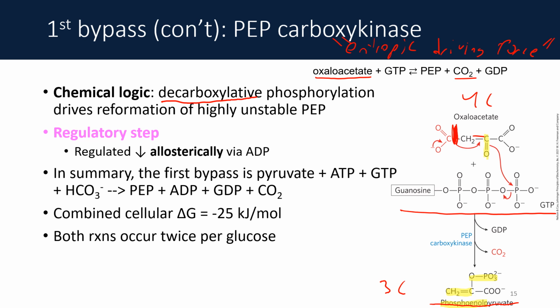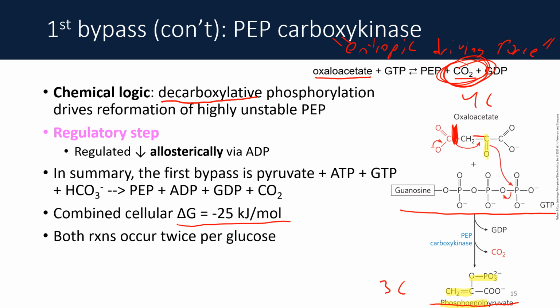What does that mean? When you generate gas, you're going to create a lot of disorder. And creating disorder is very thermodynamically favorable. We took this 2-step detour, this long way back to making our PEP because in doing so, we're able to ensure that the delta G of the reaction is going to be very negative, negative 25 kilojoules per mole.